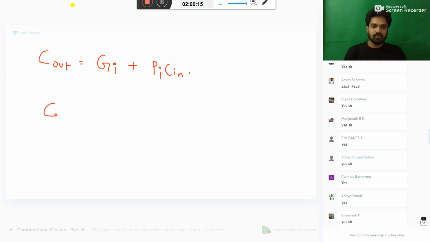Then what is your Ci plus 1? What is the carry in the next state? Carry in the next state is just a name change. If it is C out, in place of that I keep Ci plus 1. It is Gi plus Pi into Ci.